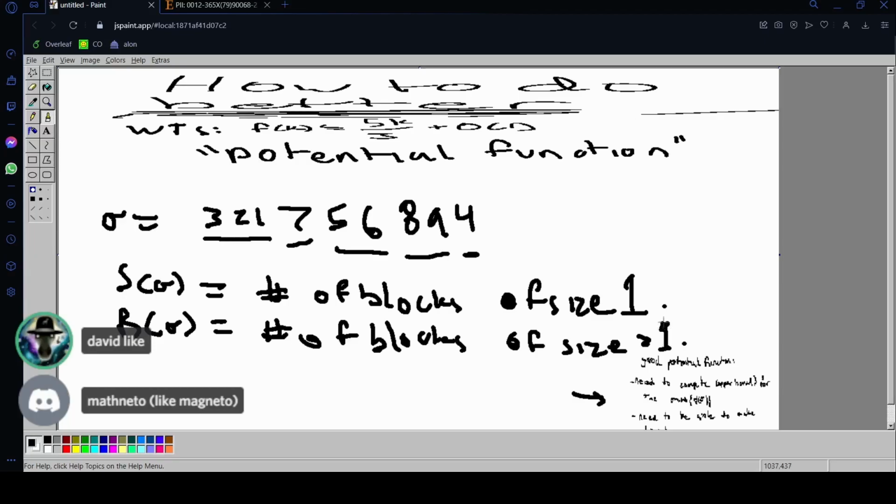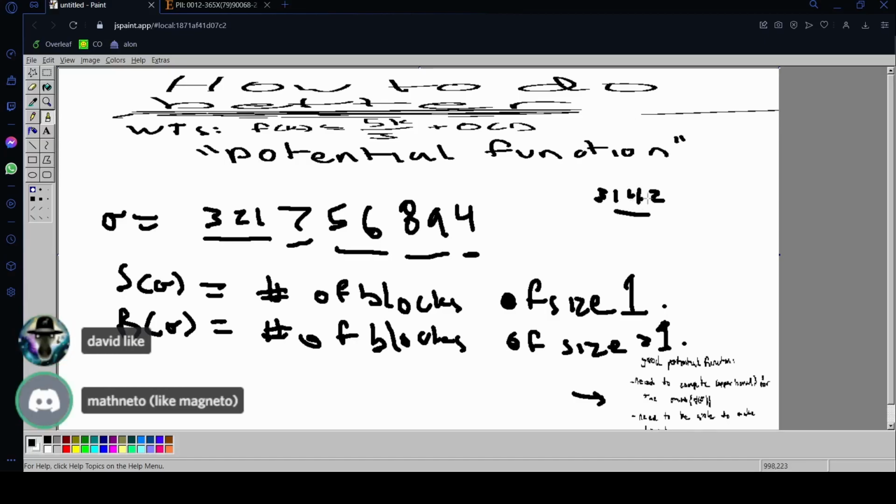Wait, but can't S of sigma be equal to the length of sigma? Yeah, it definitely can be. That's what happens when there's no adjacencies, essentially. Like the example we gave before. Though actually, a technical detail is they say differing by 1 modulo k. So they'd say 1 and 4 would form a block, because if you imagine this on a clock, right?